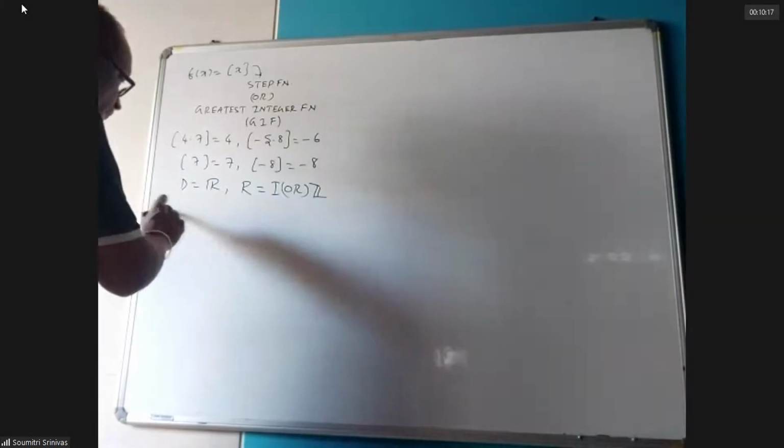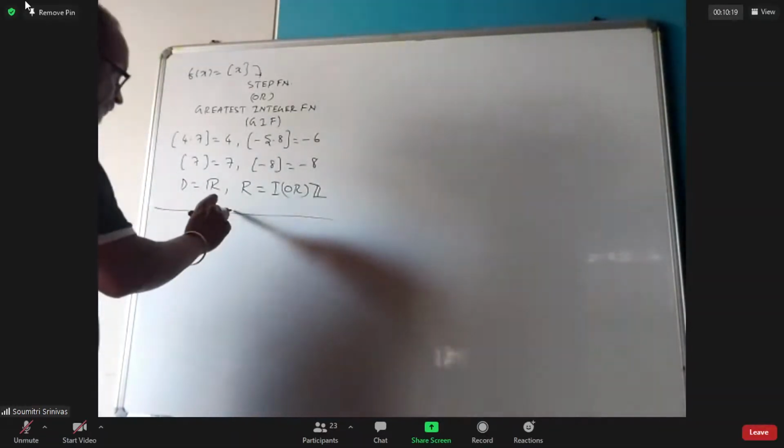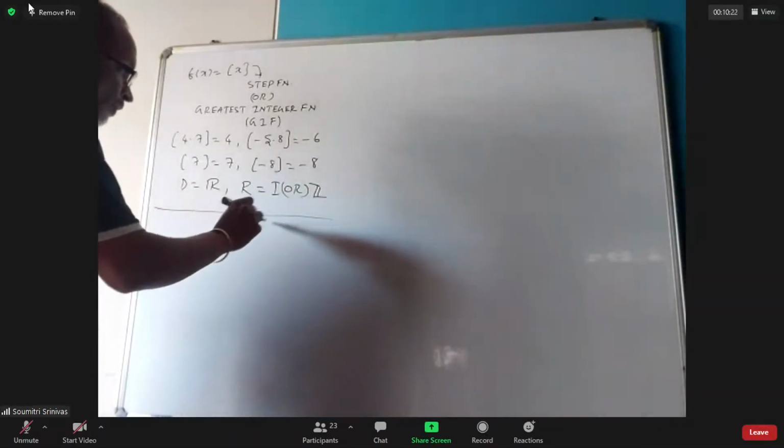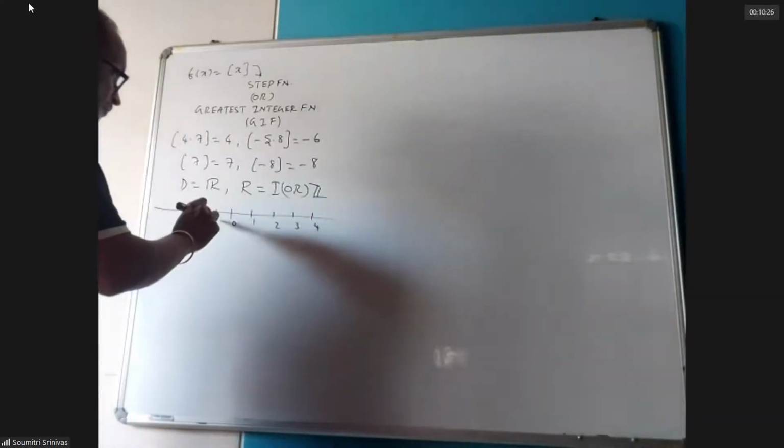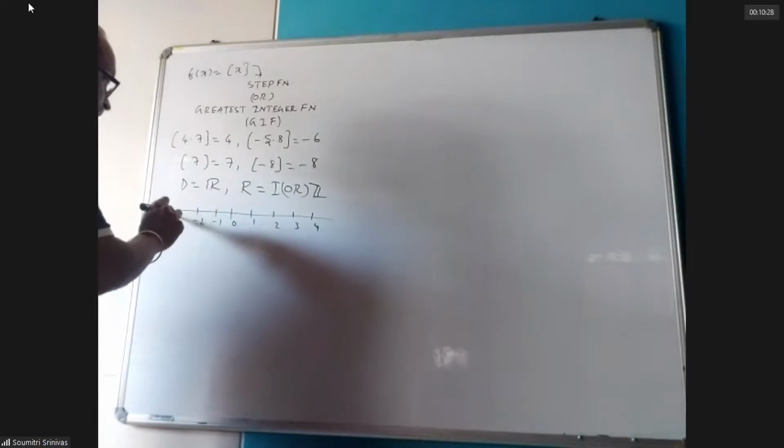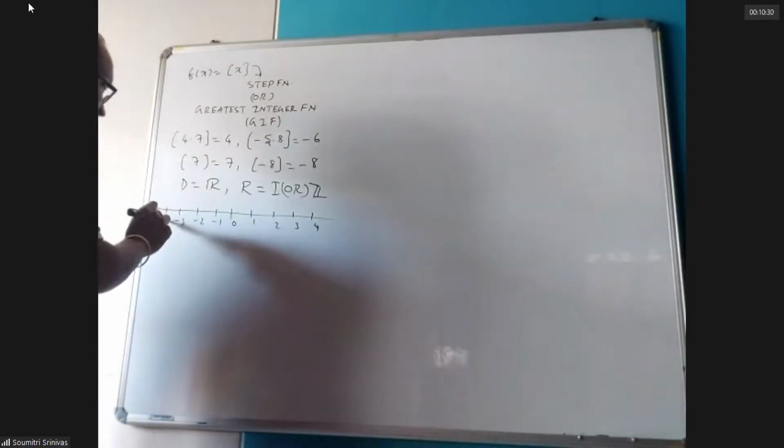I told you. Once again I am writing. Graph. 0, 1, 2, 3, 4, minus 1, minus 2, minus 3, minus 4.